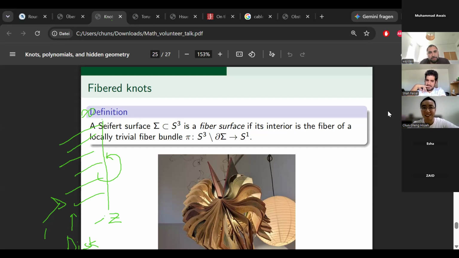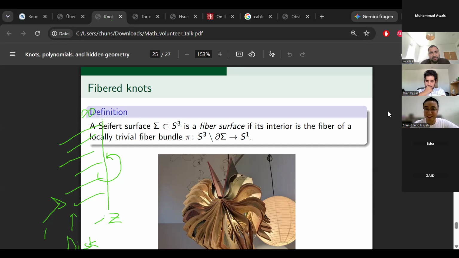One way you can obstruct whether a knot is fibered is this characterization. There's something called a knot group, which is just the fundamental group of the knot complement.